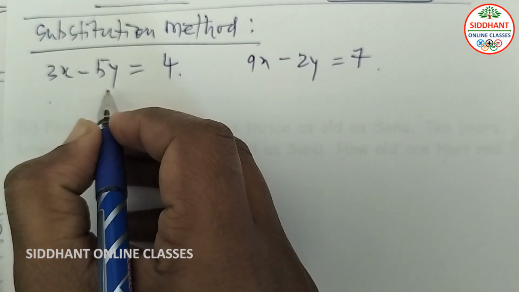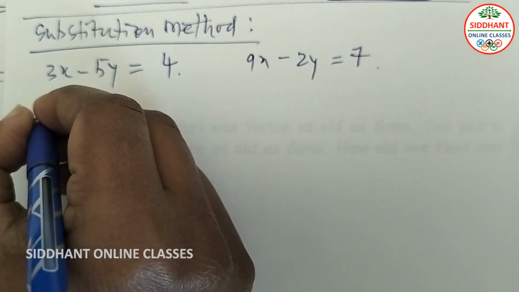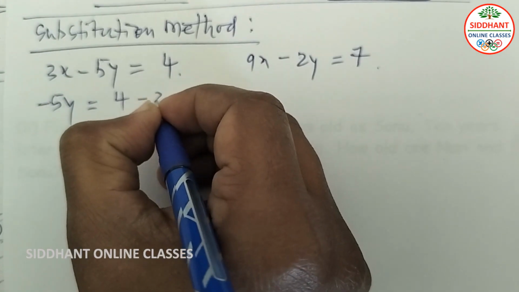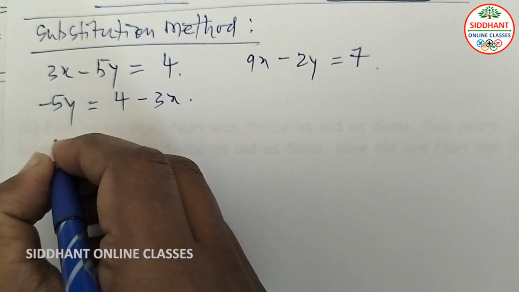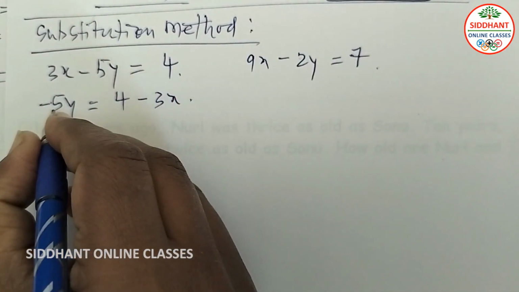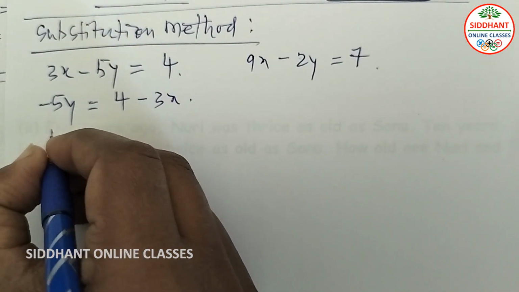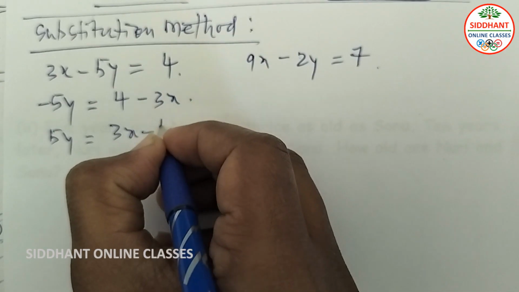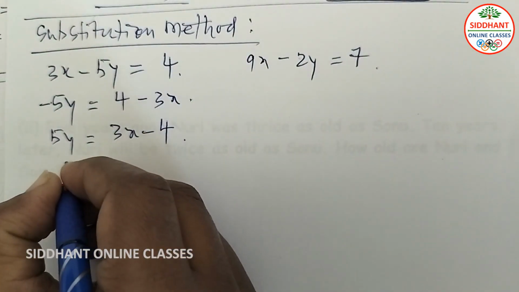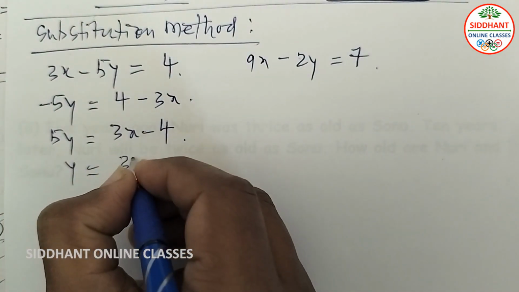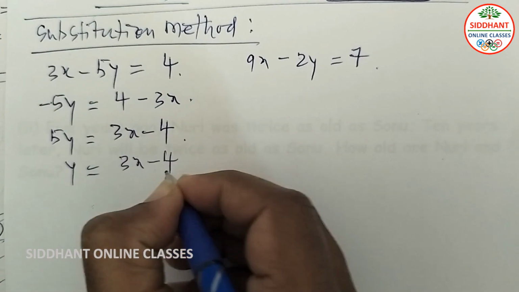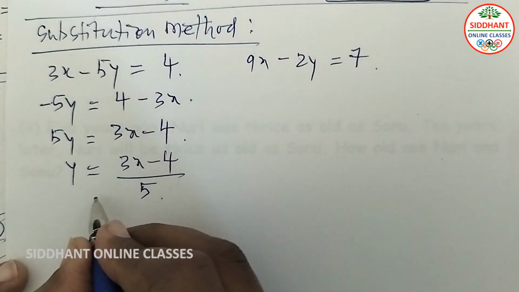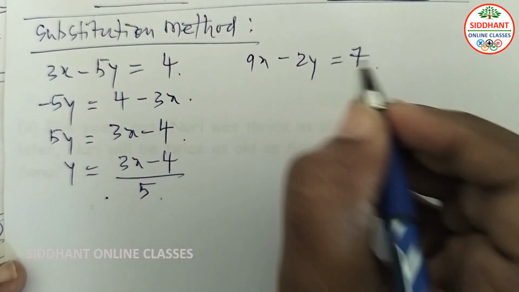Now the y value: 5y equals 4 minus 3x, and when we change the sign, we get 5y equals 3x minus 4. Now y equals 3x minus 4 by 5 here. This y we are going to substitute here.